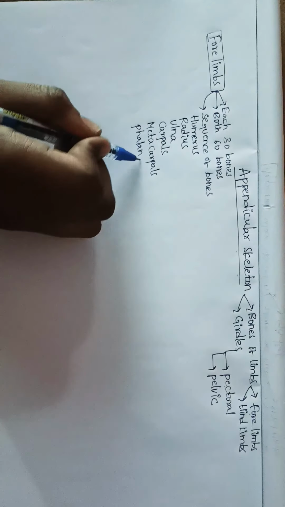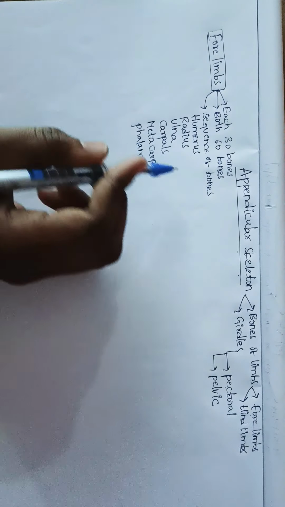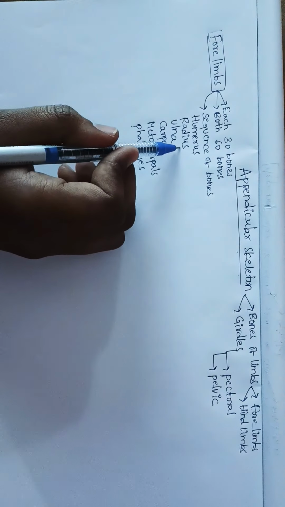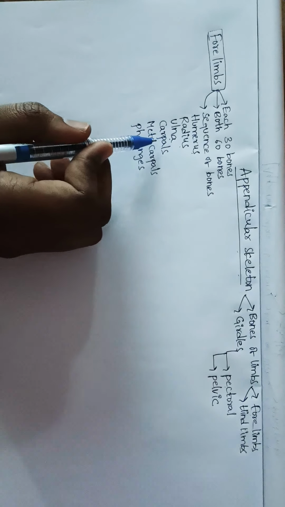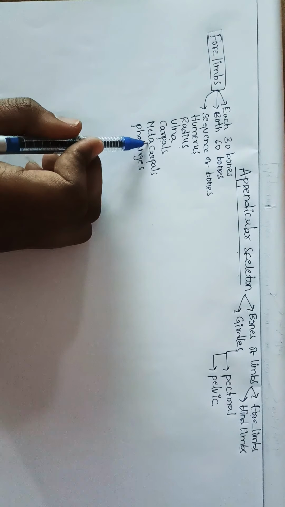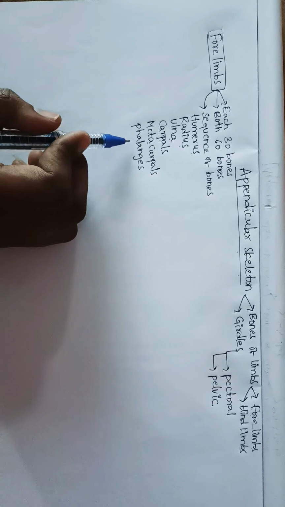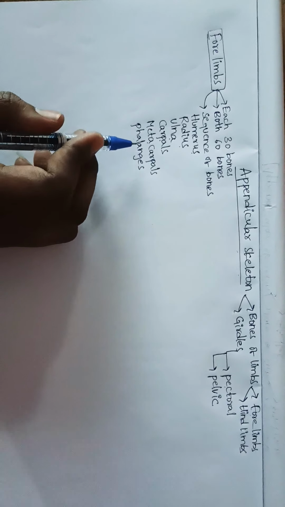This is the sequence of bones in forelimbs.